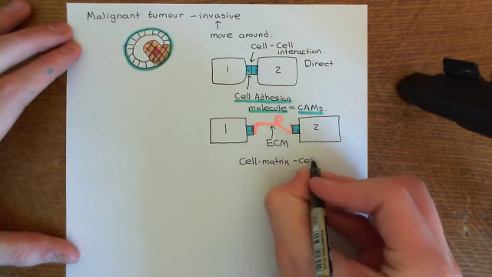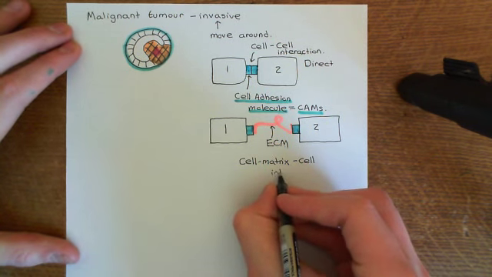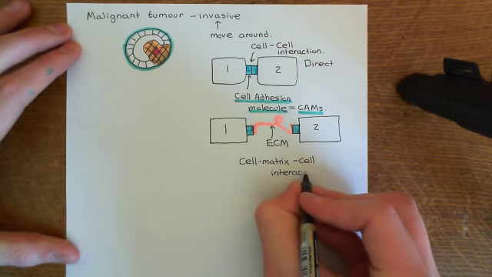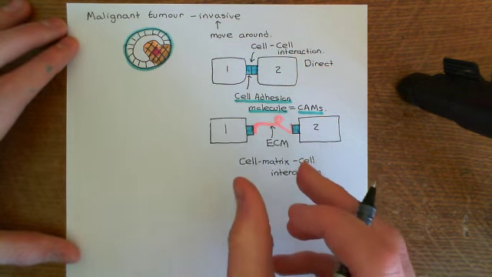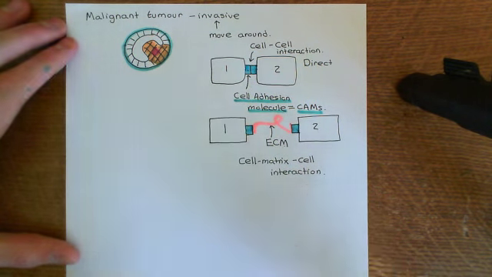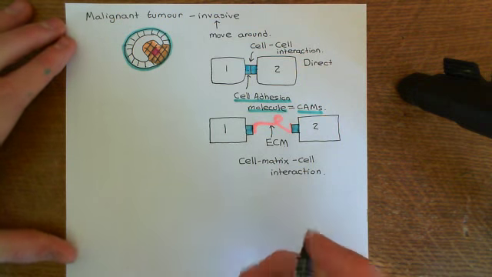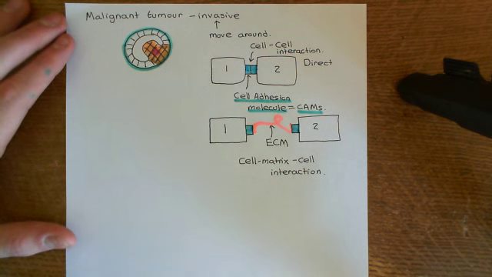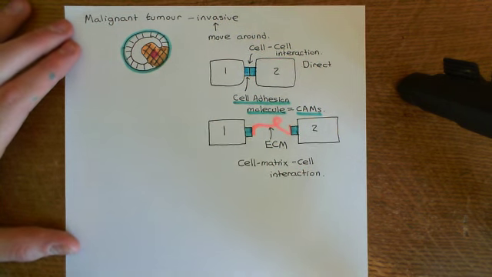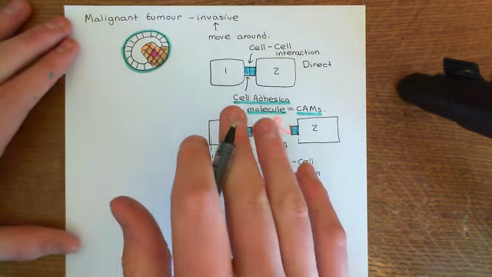These sort of interactions using cell adhesion molecules, cell-cell interactions and cell-matrix interactions, both hold cells where they are, basically. So if you want to no longer stay put, you need some sort of mutation that is going to stop these interactions.